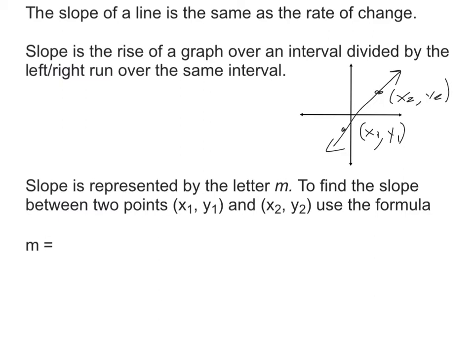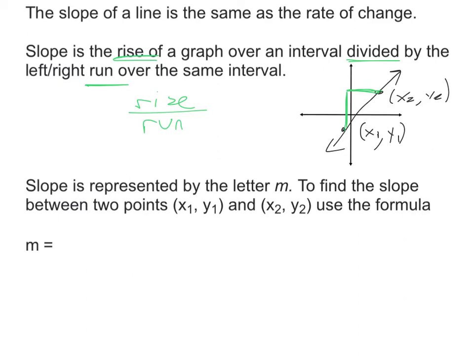We also looked at the graph and determined how much we went up, and that was our 100, compared to how much we went over on that line, which was our x. And so the slope, or the rate of change, is the same as the rise of the graph's interval divided by the run. So many times you'll see it written as simply just rise over run.